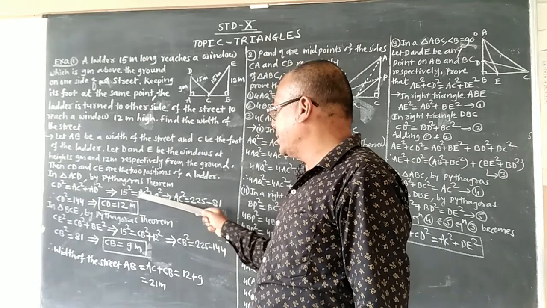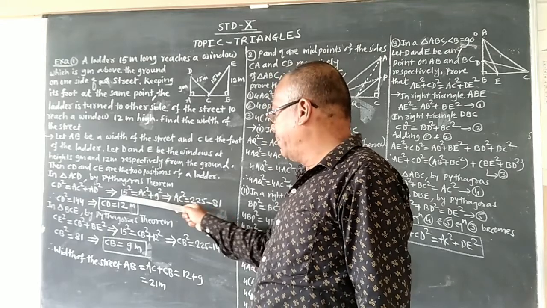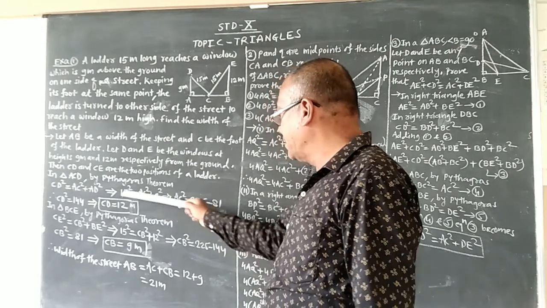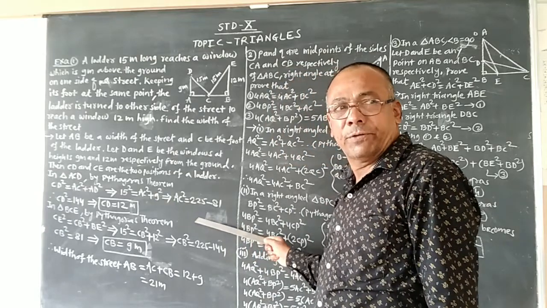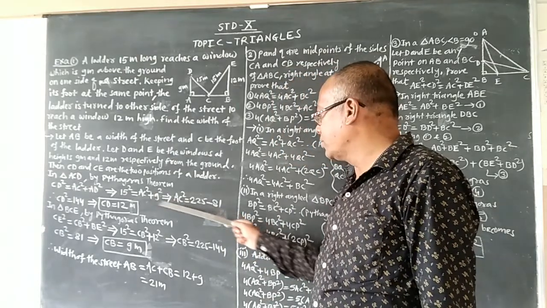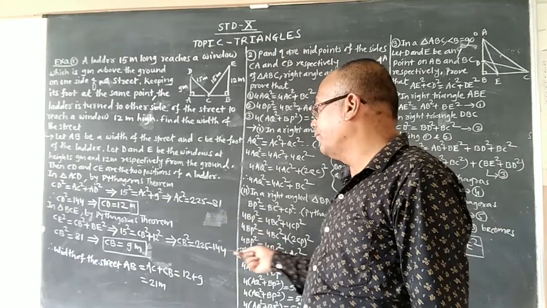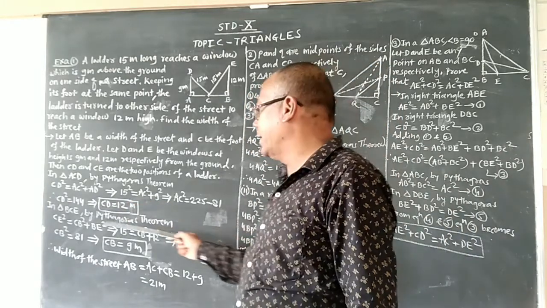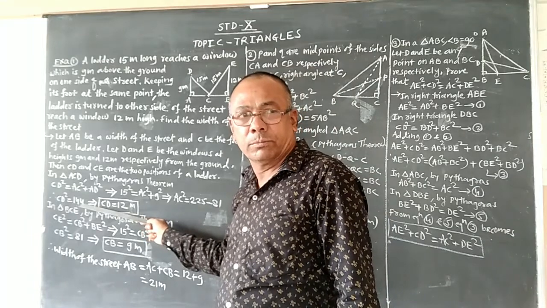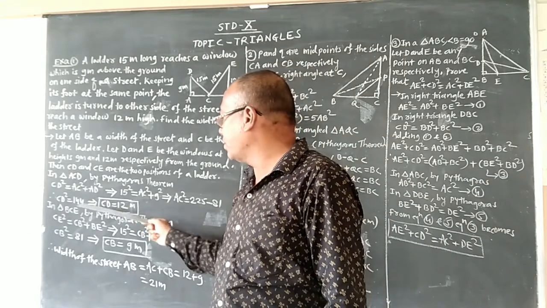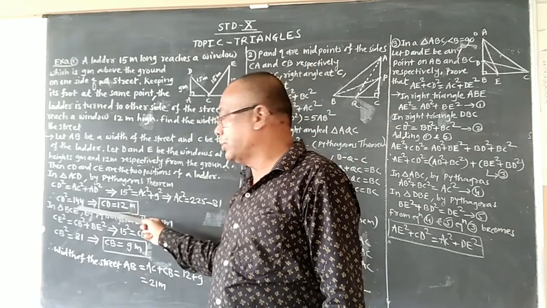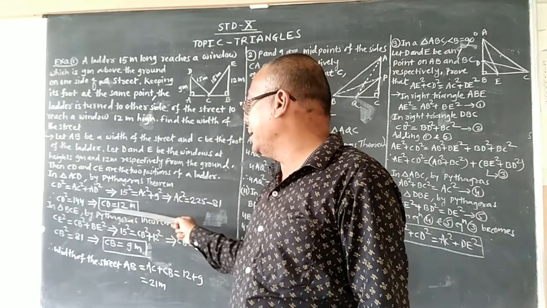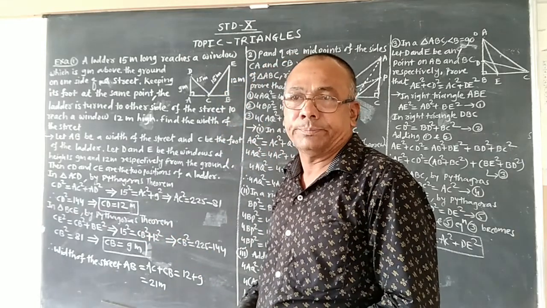Now AC square is equal to 15 square minus 9 square. 15 square is 225 minus 9 square is 81, therefore AC square is equal to 225 minus 81, that is equal to 144. Taking square root on both sides, we get AC is equal to 12 meters.